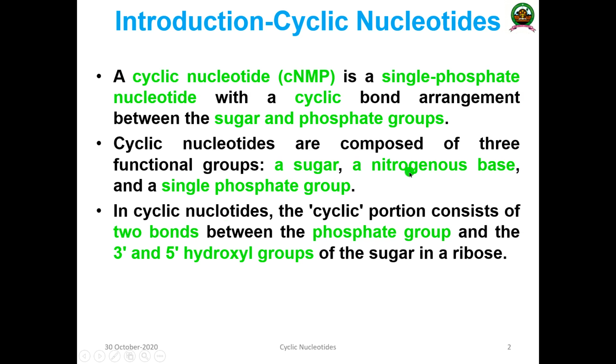Before we discuss the details about cyclic nucleotides, we have already mentioned a brief about them. Cyclic nucleotides are single phosphate nucleotides with a cyclic bond arrangement between the sugar and a phosphate group.